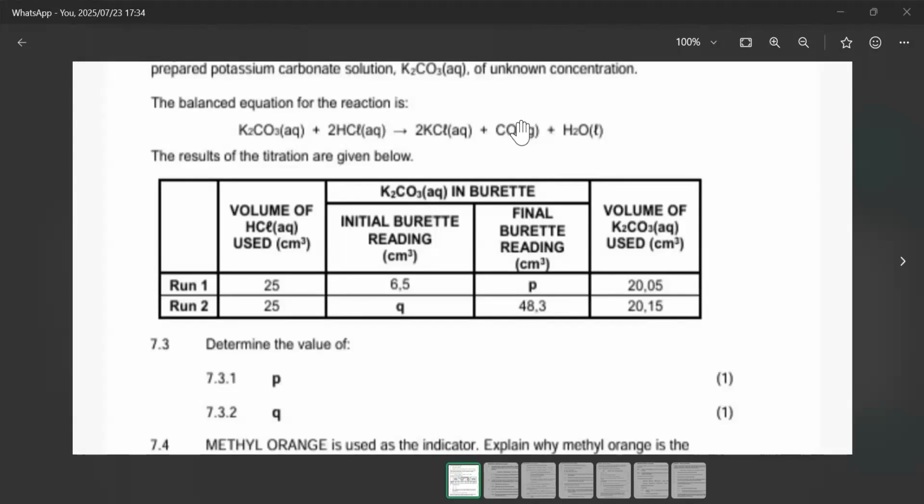In the second part of this, the second run, they tell us that they used 20.15, but the final volume will be 48.3. So how much was initially there in the burette? I've given you a hint on the first one. So what do you think on the second one, Garabo?